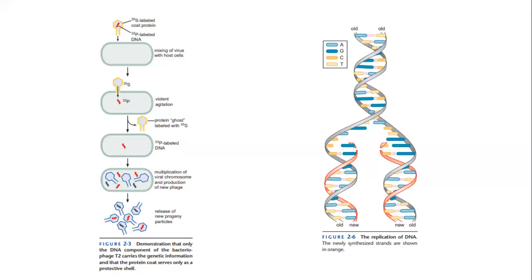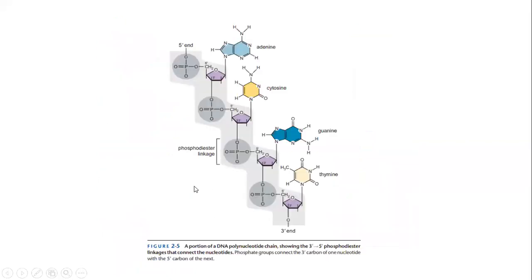And DNA polymerase I links the nucleotide precursors by 3'5' phosphodiester bonds, and that works in the presence of a DNA template. The phosphodiester linkage.